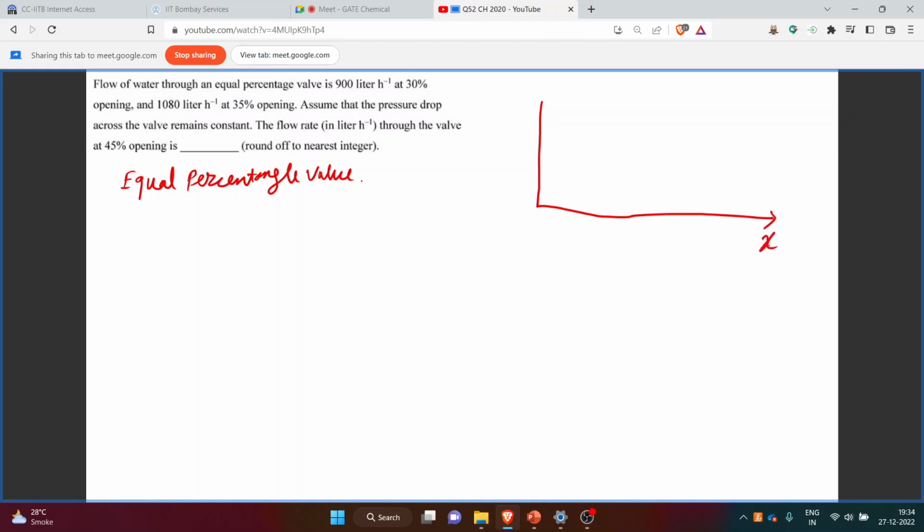Let's say x is my valve opening, that is how much percentage of the valve is open, from 0 to 1, where 1 means the valve is 100% open. Then the fraction of the flow passing through, or the flow capacity, we can call that f of x. We can plot it in such a manner.